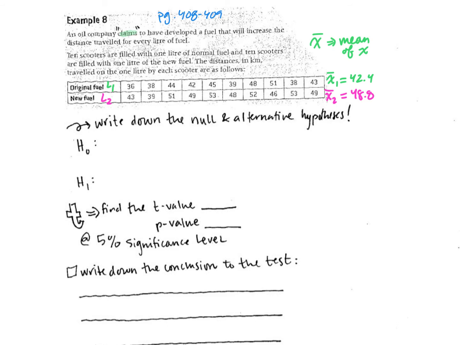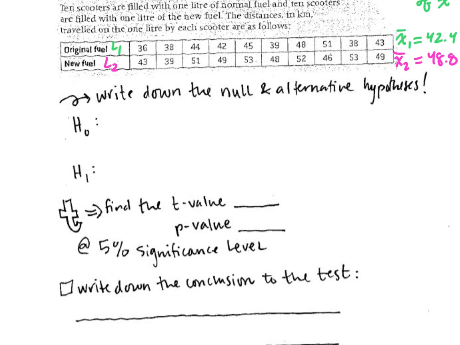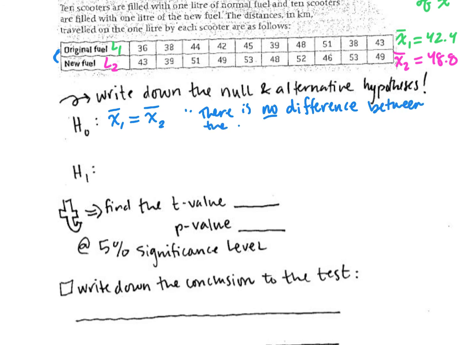All right, so the null hypothesis is that they're equal. These two things are equal. So in words, there is no difference between the distance traveled with original and new fuels.